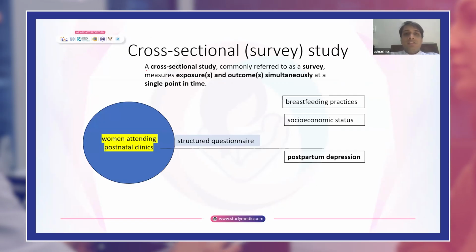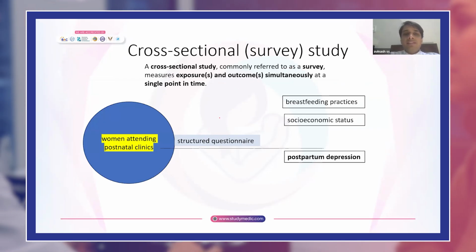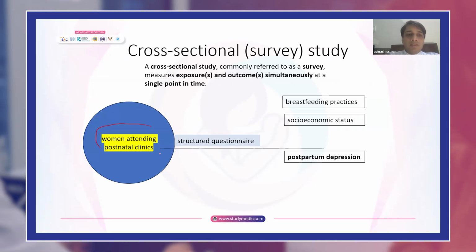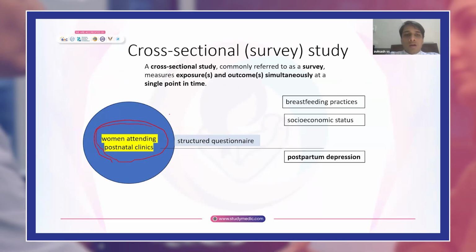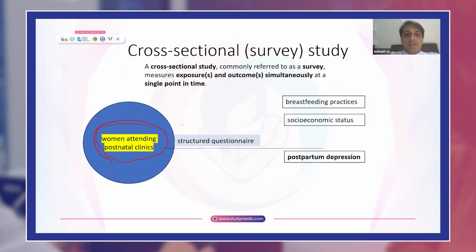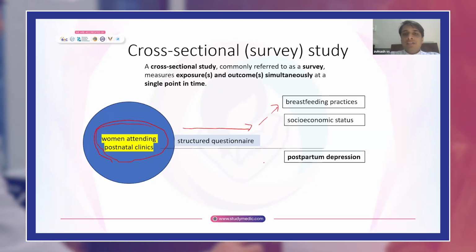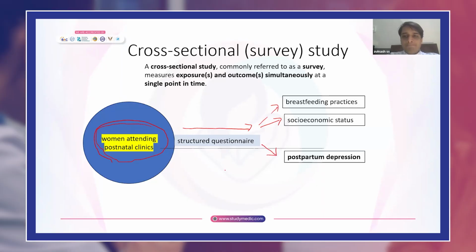Now, what is a cross-sectional study, commonly referred to as a survey? It measures the exposures as well as the outcome simultaneously at a single point in time. So you can see this is the sample of women attending the postnatal clinic, and all of them we ask a structured questionnaire on breastfeeding practices, collect the details about socioeconomic status, and see whether they have postpartum depression or not.